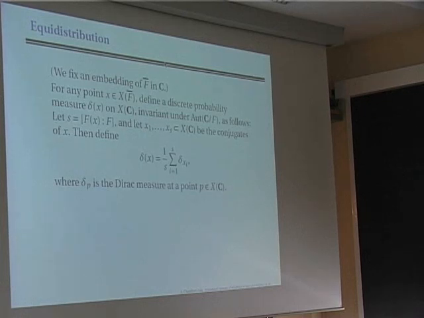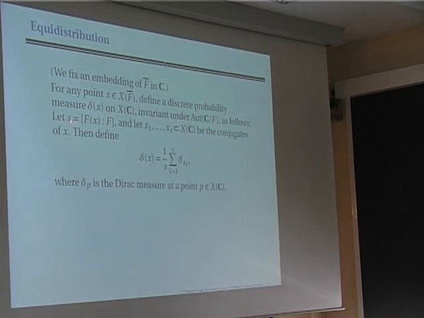So now what does equidistribution mean in my arithmetical context? So I fix once and for all an embedding of the algebraic closure of F in C. Okay? So now if x is any algebraic point, I can define a discrete probability measure, delta of x, on X of C, which will be invariant under the Galois group of C over F, as follows.